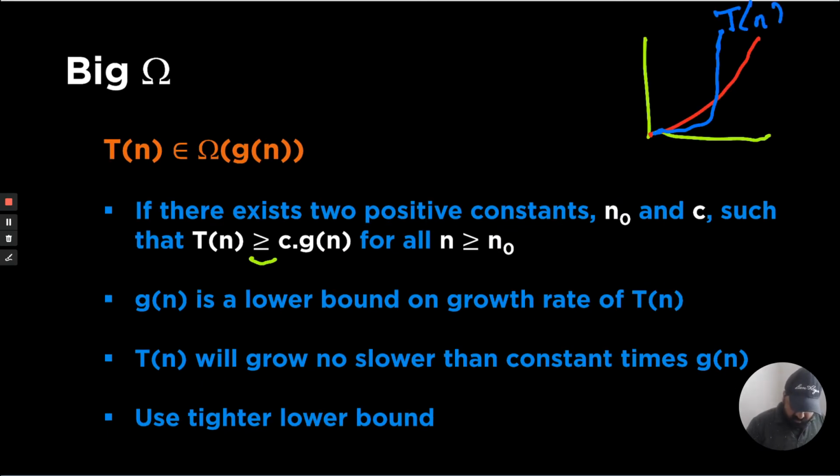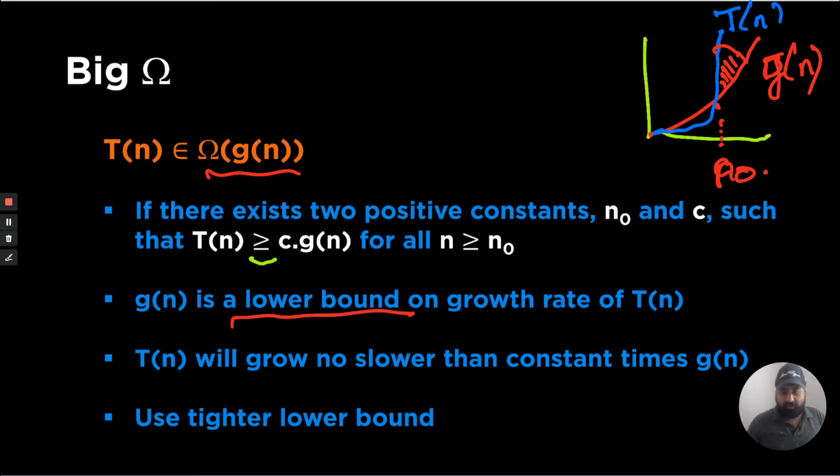And the red one is your g(n) in this case, because it provides a lower bound after a certain threshold, which is n naught. The minimum amount of time that would be taken could be represented by this family of functions, which is called g of n. So this omega notation basically provides a lower bound instead of an upper bound on the growth of T(n).